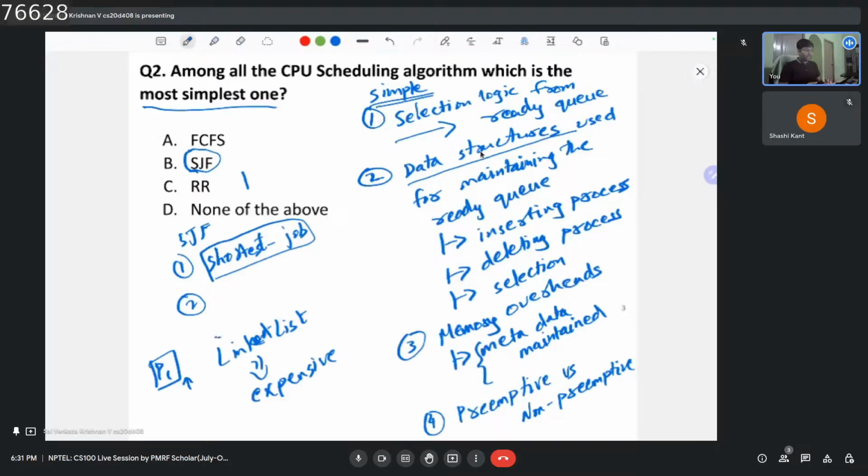Compared to a linked list, which is expensive, some implementations use a red black tree, where the processes present in the ready queue are ordered in such a way that the shorter job processes are on the left side of the tree, and the heavier processes which have higher CPU cycles are on the right side.